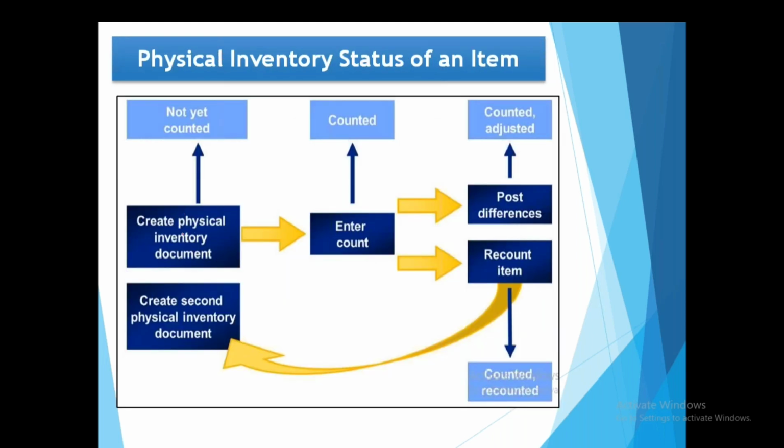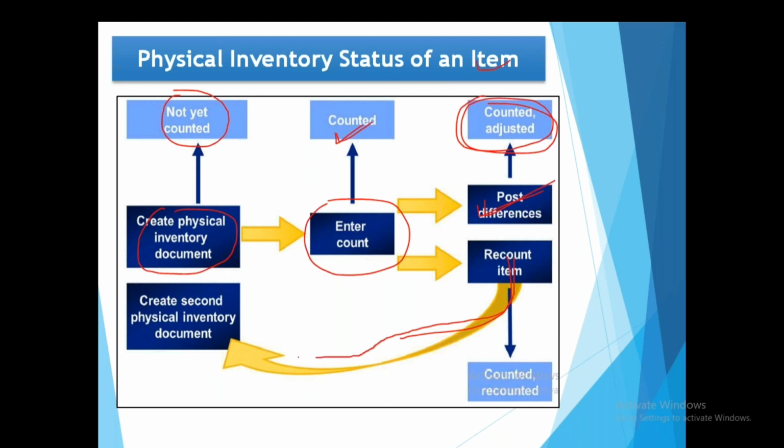So when you create the physical inventory document, the status will be not yet counted. When you enter the count, the status will be counted. And when you post the differences, the status will change to counted and adjusted for the items. This I have already shown you in the system. And you can even do the recount also.